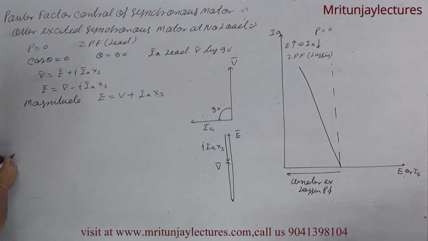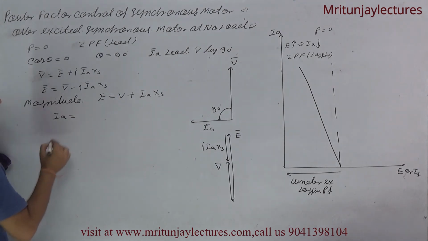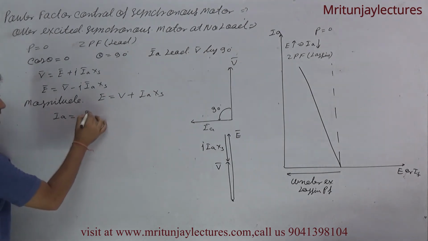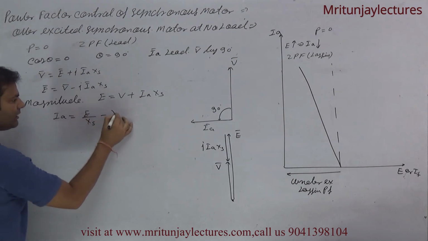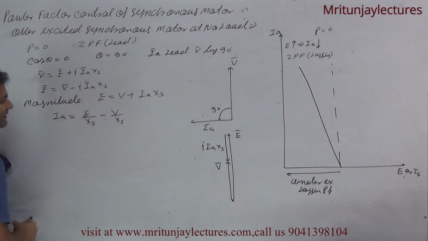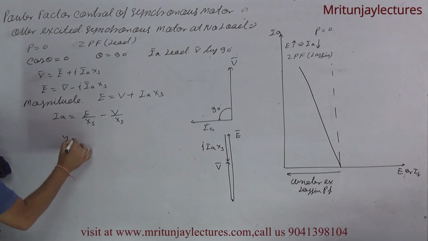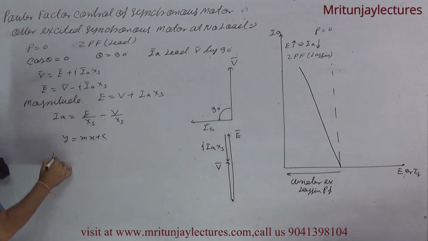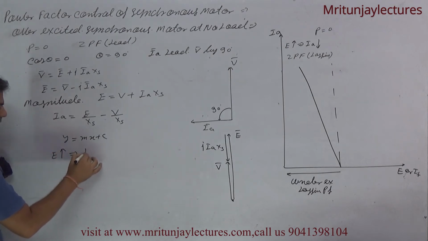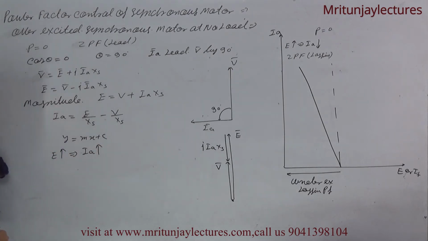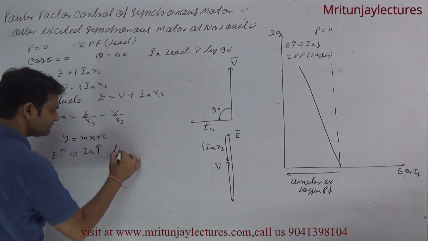Now what about IA? IA is written as E divided by X minus V divided by X. Clear? If you compare with mx plus c, if E increases, then IA also increases linearly.